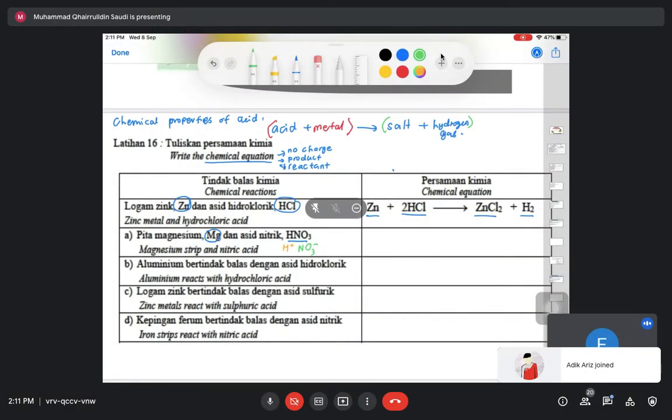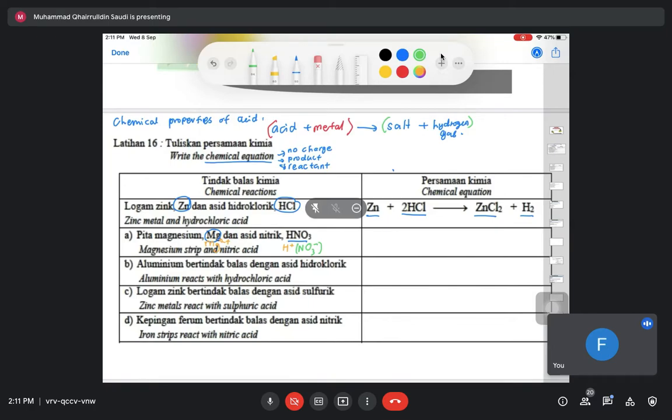Write down the ion for magnesium as well. Magnesium 2+. Now we know that when a reaction happens, the partner will change. So now the nitrate ion will no longer partner with hydrogen, it will partner with magnesium.